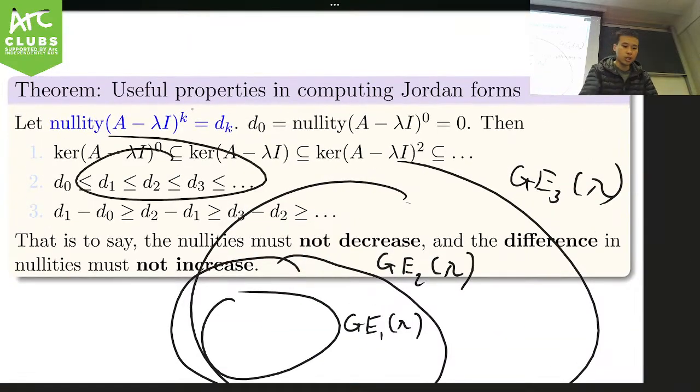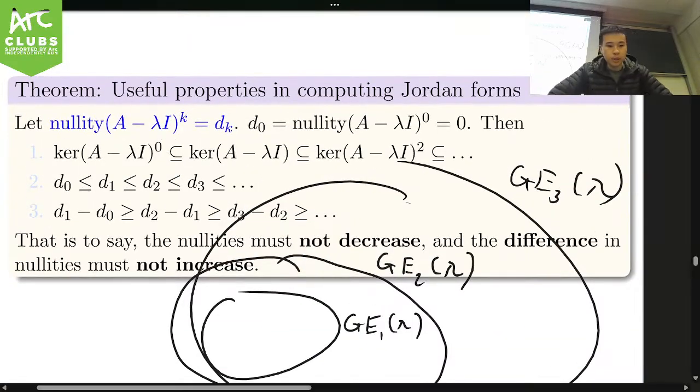And the thing here is the nullity. The nullity has to always increase. It can't suddenly decrease, that doesn't make sense. But this one here is saying that the gaps between the nullities of each successive power have to not increase.